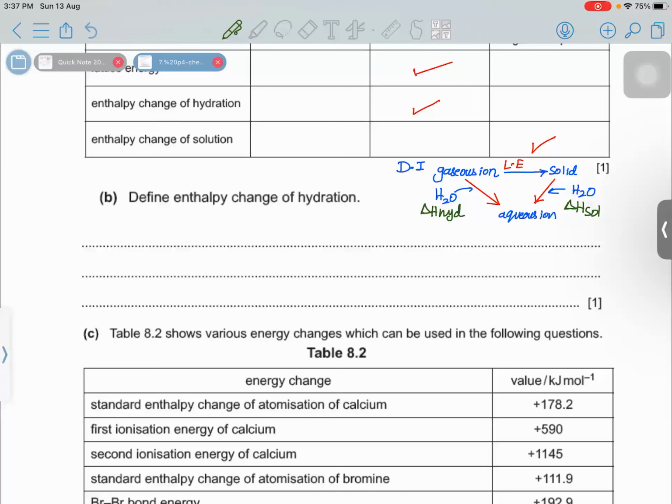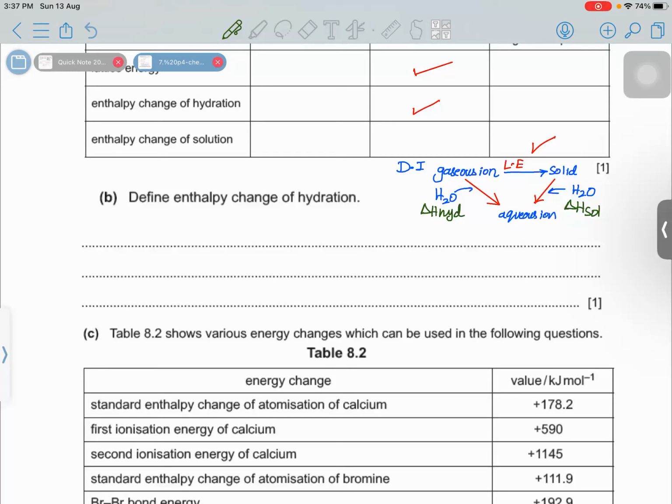This enthalpy is called hydration. Can you repeat this definition again? When water is added to gaseous ions, it forms aqueous ions and energy is released, so it's called enthalpy change of hydration. Okay, and what is solution? It's when water is added to the solid to form aqueous ions, and the energy released is called enthalpy change of solution.